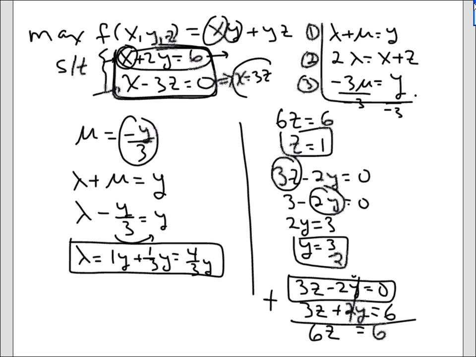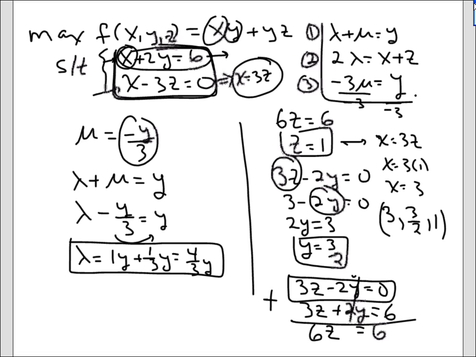We know that x is 3 times z. So x is 3 times 1. X is 3. And here's our answer. X is 3, y is 3/2, and z is 1. That's the point that maximizes f of x, y, z.